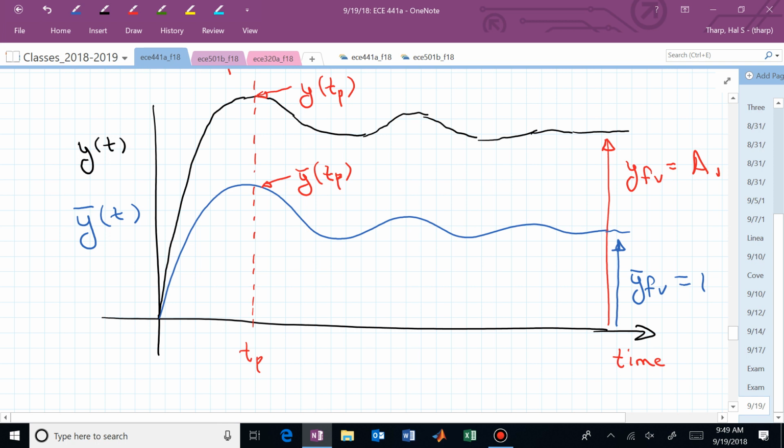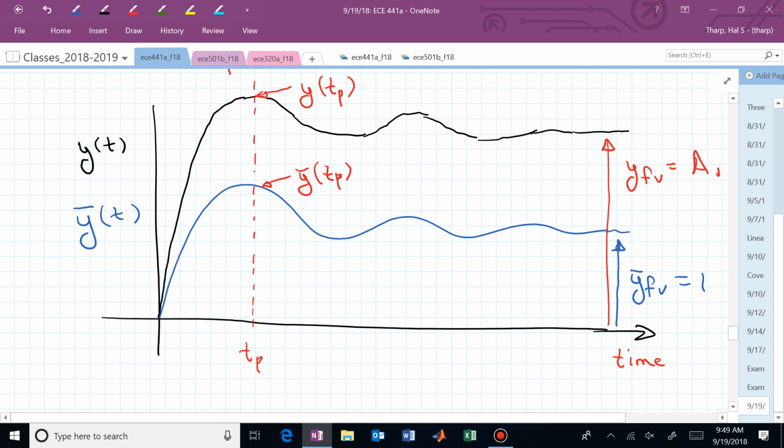So the next step is to actually inverse Laplace transform capital Y bar and get this expression for little lowercase y bar of t. Once we have that expression, we can plug in the peak time, t sub p, and that will give us our peak value of y bar. Why do we want that?